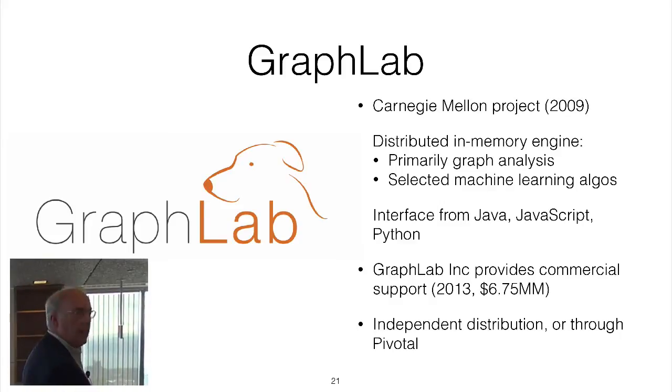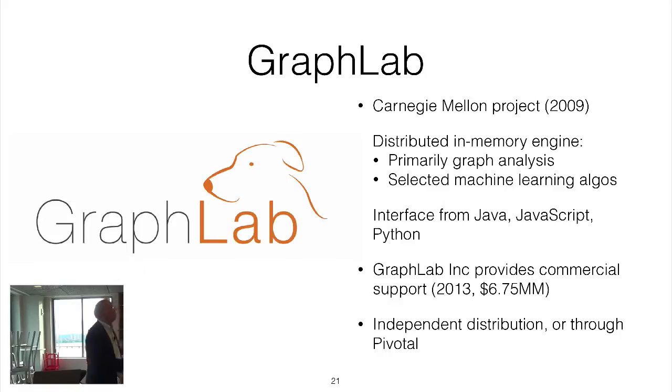GraphLab, in addition to having the capability to build things like social graphs, they've figured out alternative approaches to problems like clustering and collaborative learning using a graph engine as the basis. So in addition to the graph analysis, they support a couple of other machine learning capabilities. You interface from Java, JavaScript, or Python. For commercial support, the folks that started the project went out and got some capital to start up GraphLab Inc., which now provides commercial support for GraphLab.